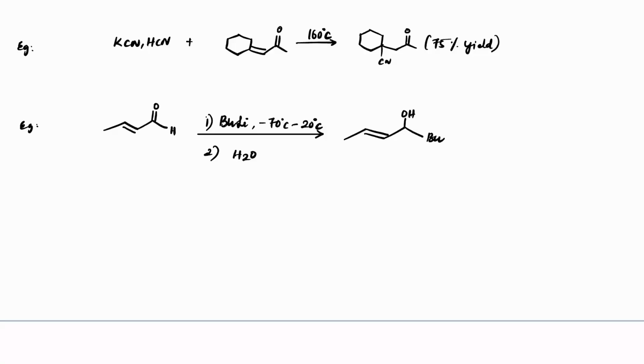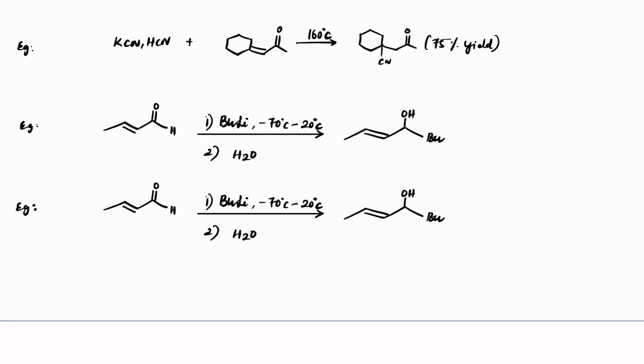See, one more similar example will happen here. BuLi here. Suppose you have NMe here. If you have a strong donating group like this, 1,2 addition is hardly going to be observed, even with a strong nucleophile.